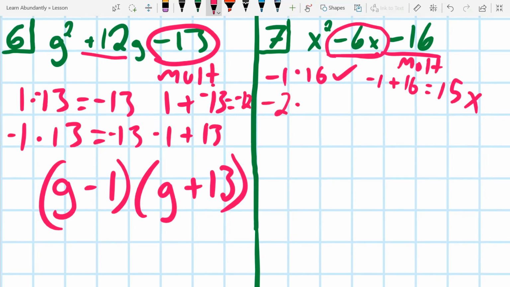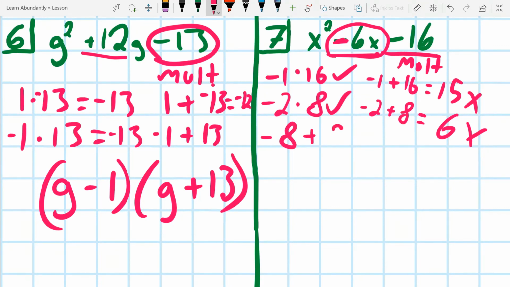So if I do negative 2 times 8, I think that might work because negative 2 times 8, that checks out. But what about negative 2 plus 8? Oh, I got my 6. Now 6 is close, but remember, I want a negative 6. So 6 is still wrong. So there's one little change I can make that'll make that positive 6 into a negative 6. And that's if I do negative 8 and positive 2.